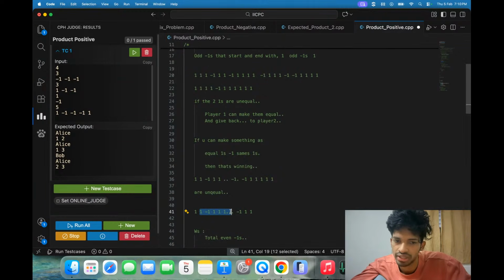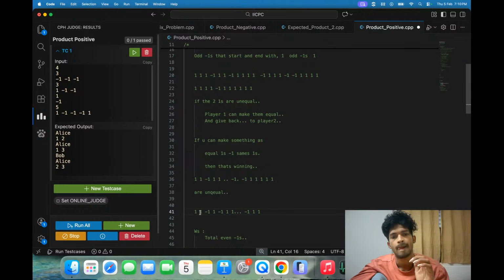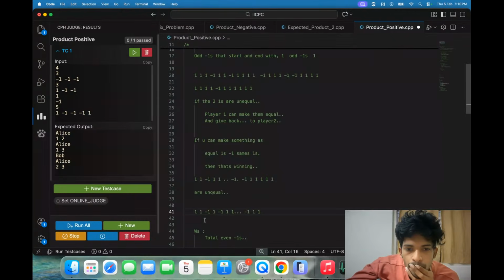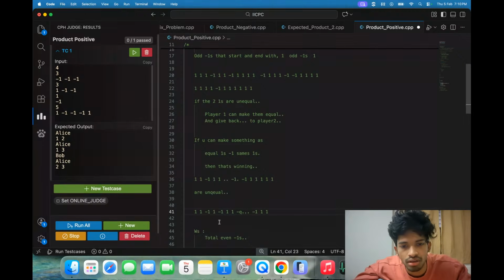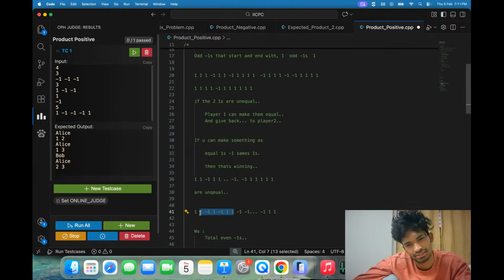Whatever you remove here, maybe you can make them again equal, because if the number of minus ones is many, maybe you can make them equal again by removing something like this.